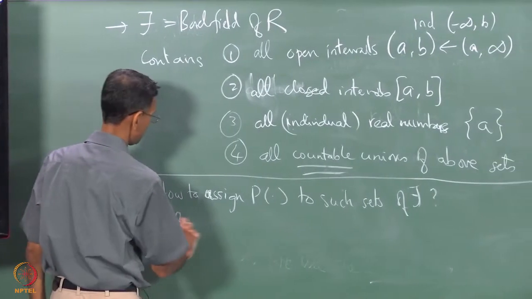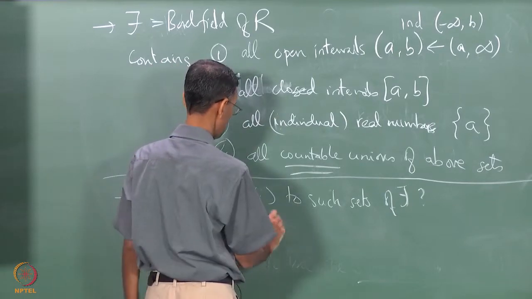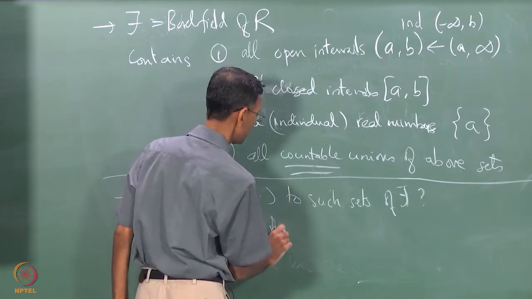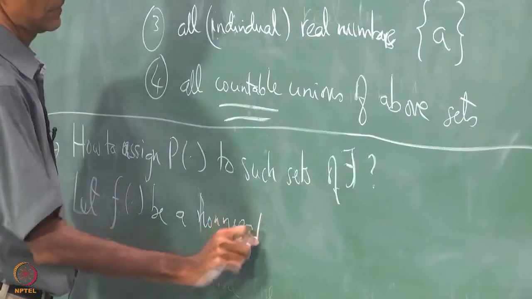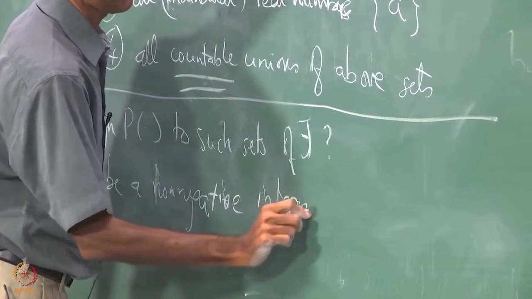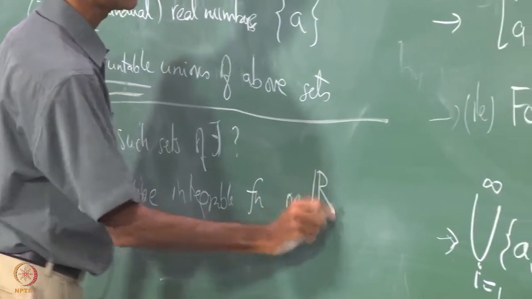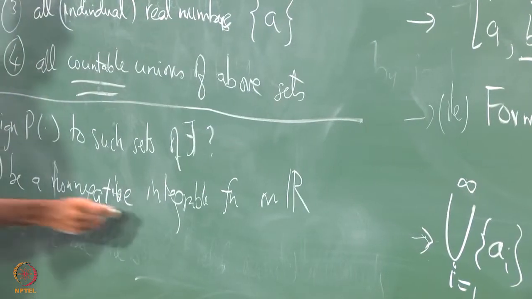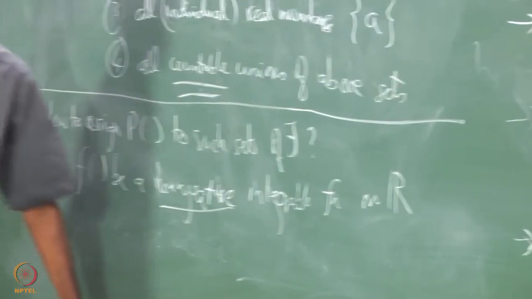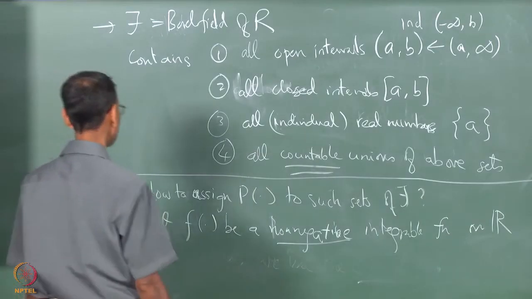So let some f be a non-negative integrable function on R, on the real line. It should be non-negative, right. What is the main other requirement, the most important requirement that we require on f?